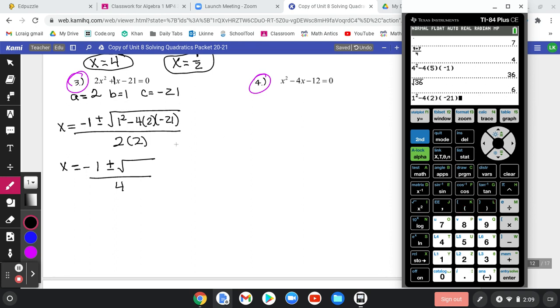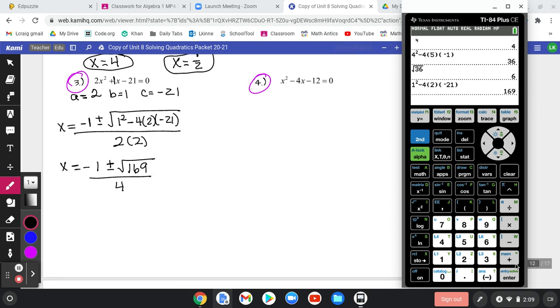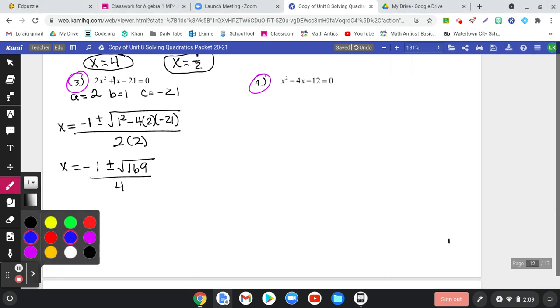Make sure it matches what's underneath there. No square root. 169. You might be saying, well, I don't know if it's a perfect square. Well, check. Second x squared. You can just hit the up arrow and hit enter, or type 169 in. Doesn't matter. 13. It is.